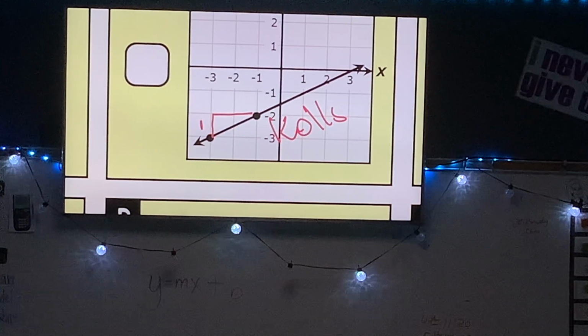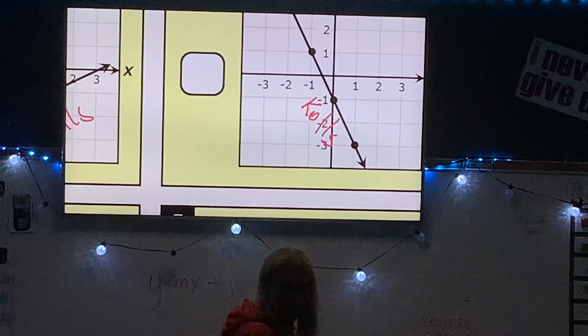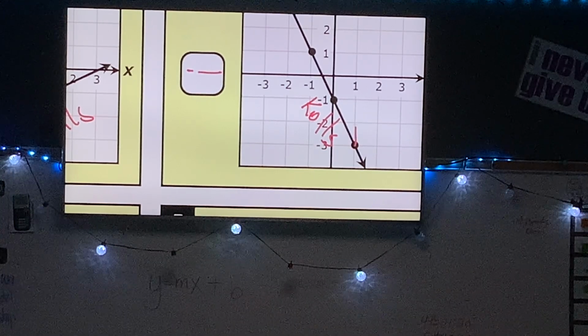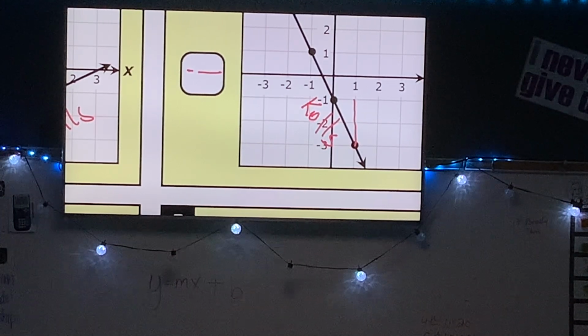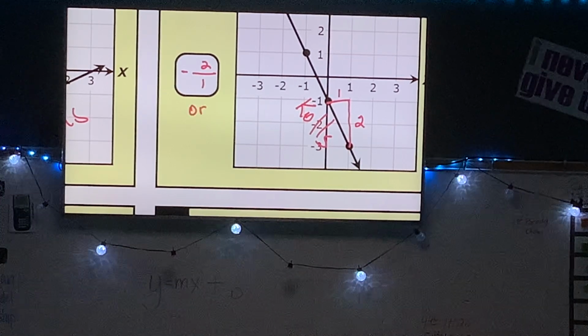How many am I running? 2. So 1/2. Write your name. Positive or negative? Negative. How many am I rising? 2. How many am I running? So 2 over 1, or you could just write -2.